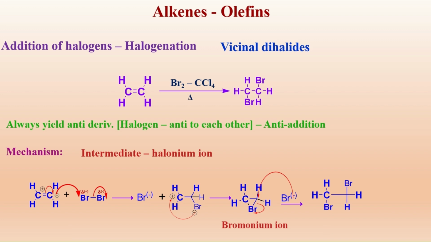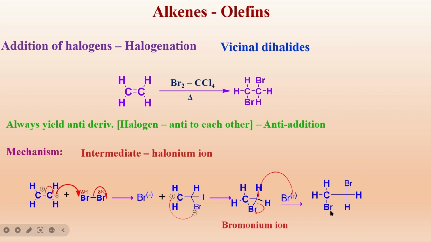This anti-addition product occurs because the bromonium ion is formed. If it had added on the same face of the alkene, like hydrogen added on the same face of the alkene, it would have given syn addition.